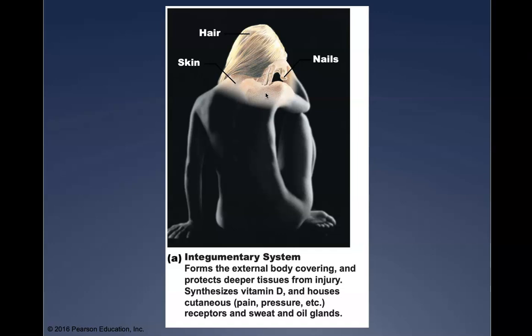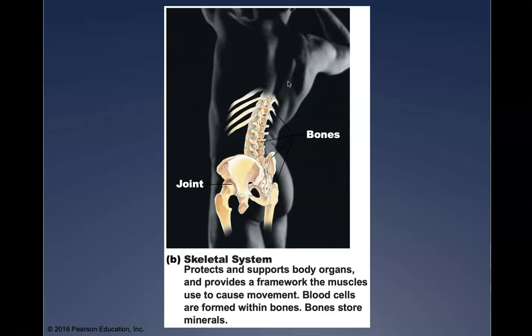We'll get into this more in the lecture, so you don't necessarily have to know this now, but it synthesizes vitamin D. It's going to house certain receptors like pain receptors, pressure receptors, and then all kinds of things like sweat and oil glands, and our hair follicles to produce hair. Again, our nails are part of the integumentary system, so we'll get into that.